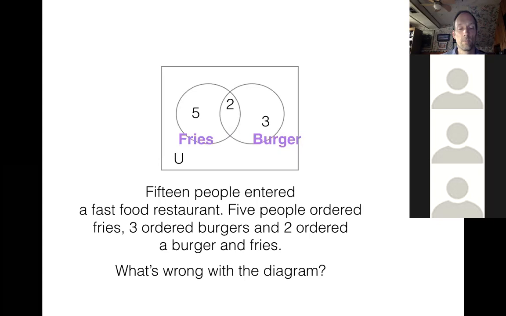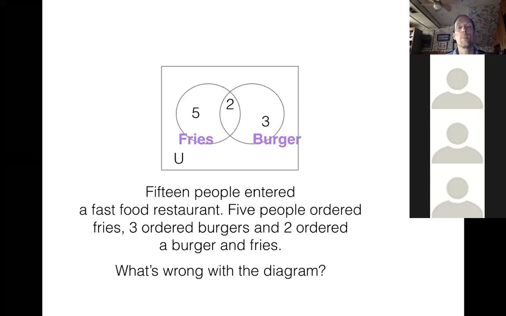Wouldn't it be like the five? I heard somebody say something, but I didn't catch it well. I honestly don't know. Okay, anybody have any ideas? Doesn't add up to 15. Right, that's what's wrong. The first thing they told us in the question was how many people went into the fast food restaurant? 15.